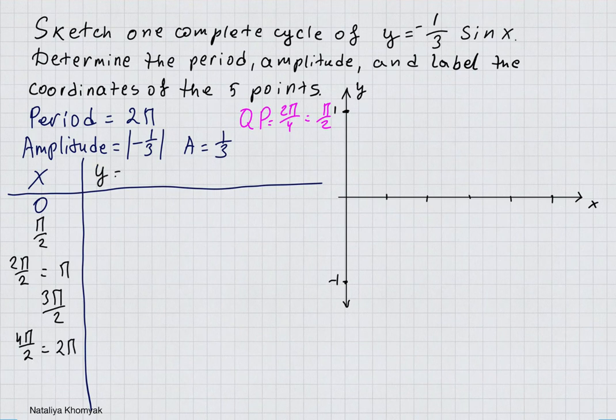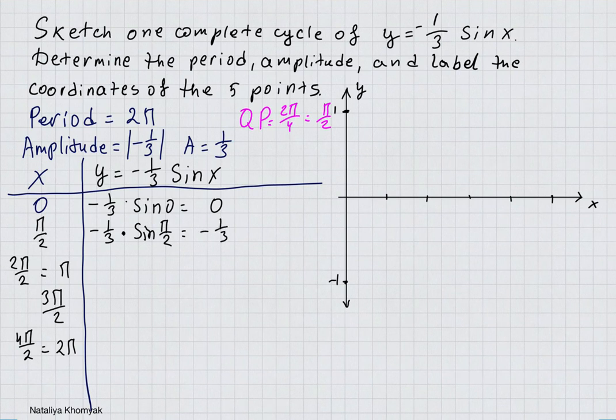Now we need to calculate y. So y is equal to negative 1/3 sine of x. The first point will be negative 1/3 times sine of 0, which is 0. Then we're going to get negative 1/3 times sine of pi/2, which would be negative 1/3 times 1. So we get negative 1/3.